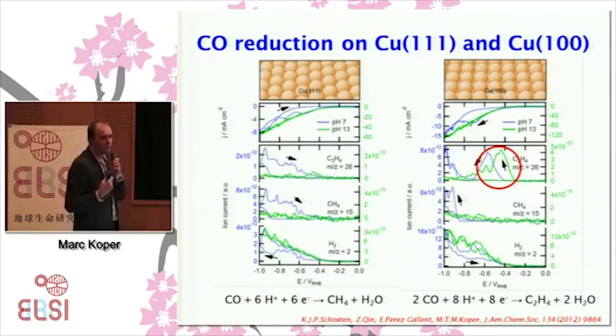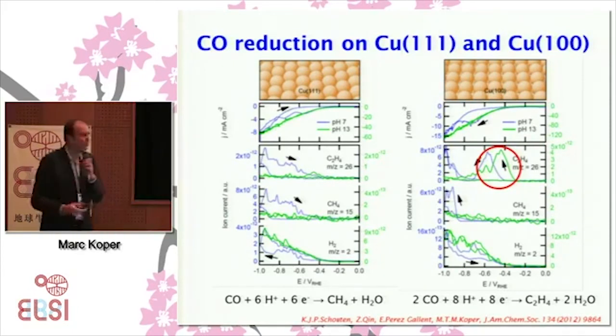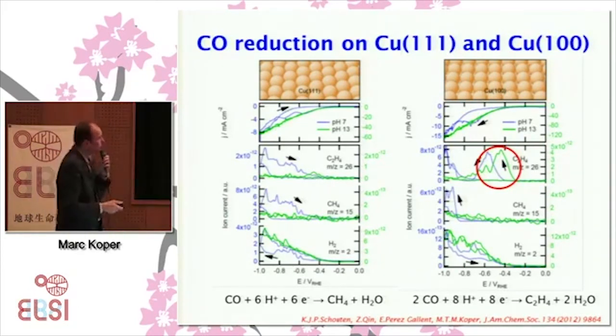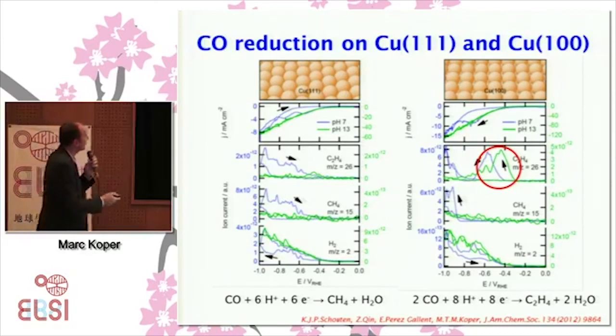And we studied this same reaction on single crystals. So now we play with the structure of the copper catalyst. Here we start from CO because that allows us to play with pH a little bit more than when we would use CO2, because CO2 itself is involved in all kinds of pH-dependent equilibria.